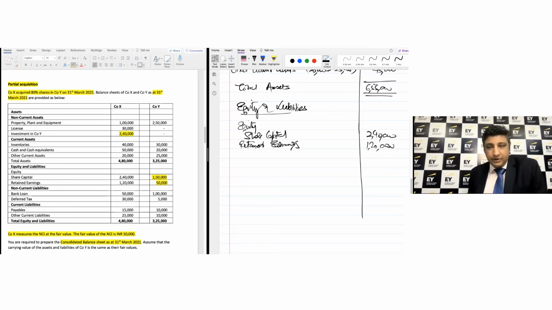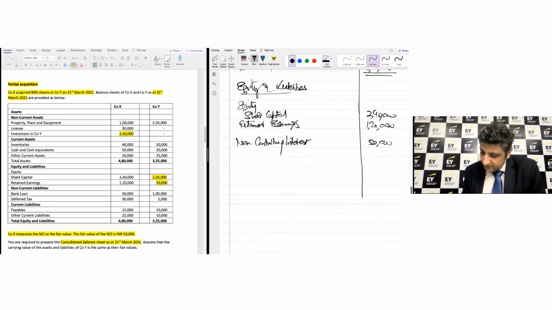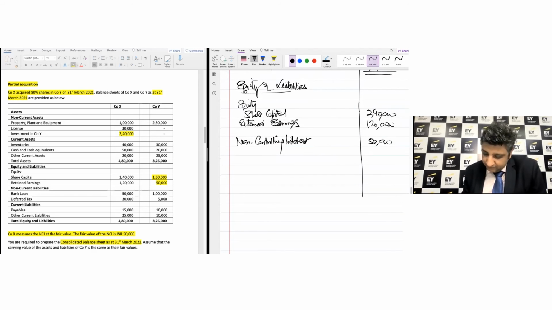Now, importantly, the moment you see this less than 100% stake, you need to bring the non-controlling interest immediately after equity and of course before the liabilities portion. So this amount of 50,000 would appear in my balance sheet of the group.